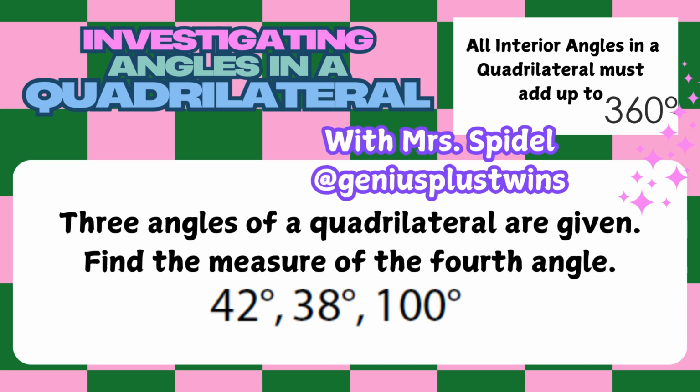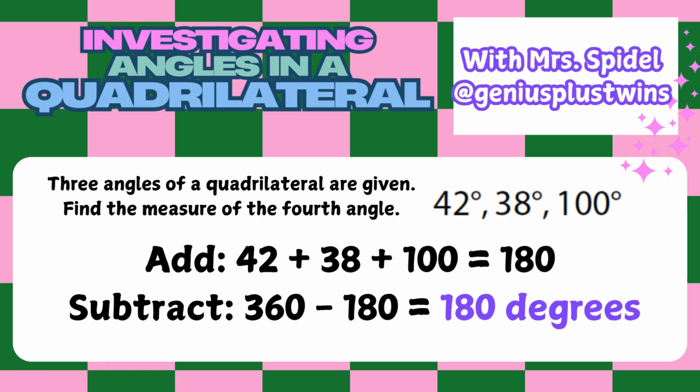3 angles of a quadrilateral are given. When I have those 3 angle measurements, I add them together. In this case, 42 degrees plus 38 degrees plus 100 degrees, and that equaled 180 degrees. But I need to find the difference.